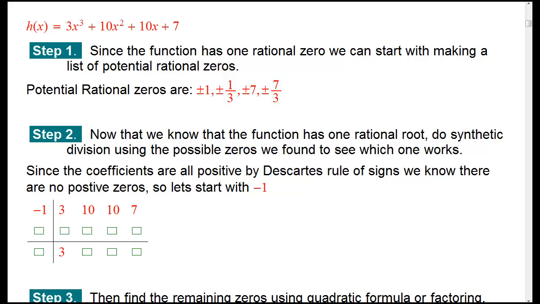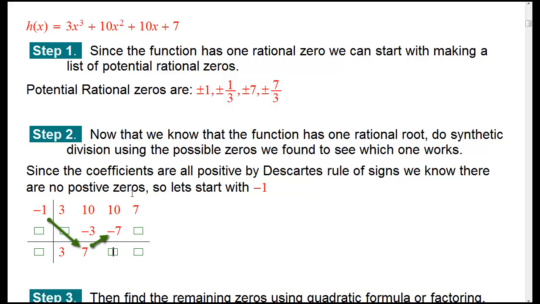Then you want to go here and figure out how to multiply -1 and 3. So -1, which is right here, times 3 will give you what? -3. So enter that there. And then up and down you add. So 10 minus 3, which will give you 7. Then -1 times 7. Put the answer here. So that will give you -7.